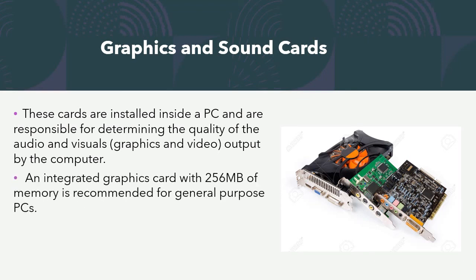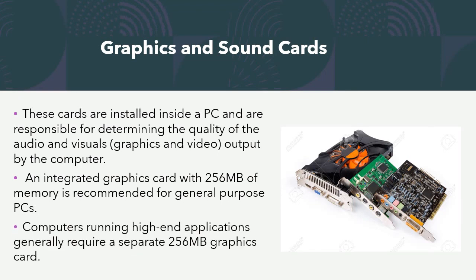An integrated graphics card with 256 MB of memory is recommended for general-purpose PCs. Computers running high-end applications generally require a separate 256 MB graphics card. So this is the graphics card, video card, and this one is the sound card.